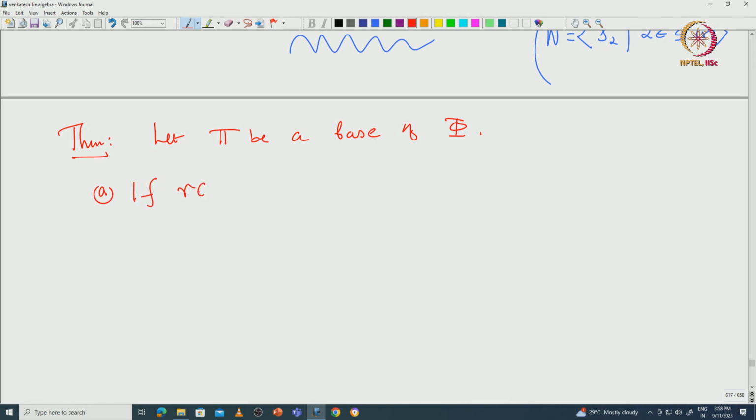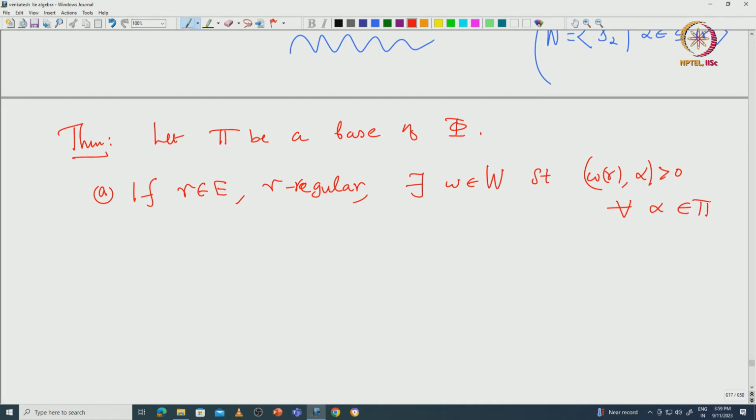If gamma is in E and gamma is regular, we want to prove there exists some W in the Weyl group such that the inner product of W gamma with alpha is positive for all alpha in pi.